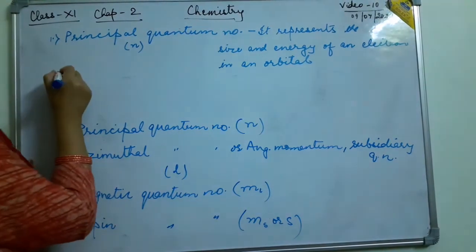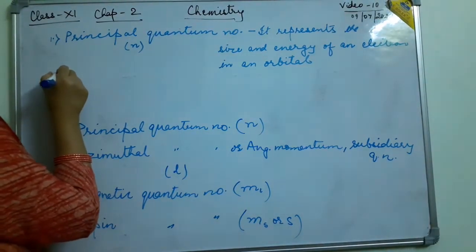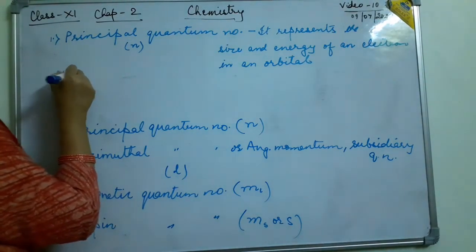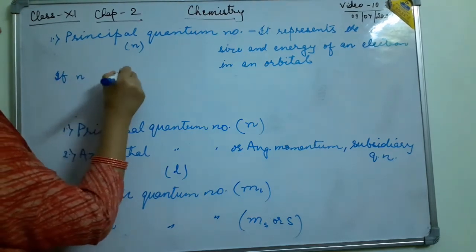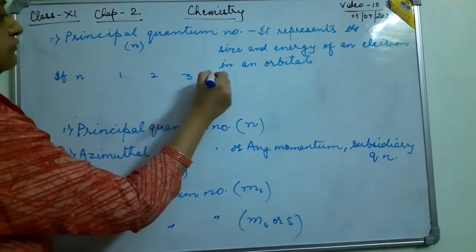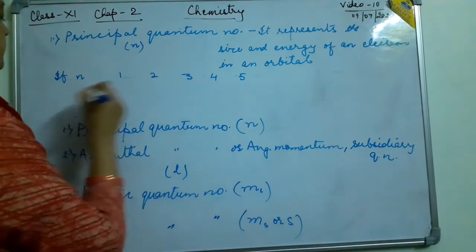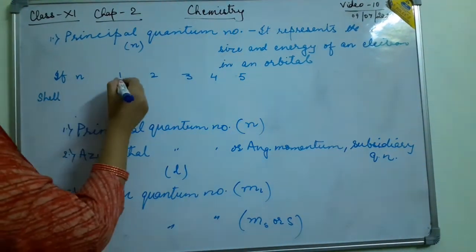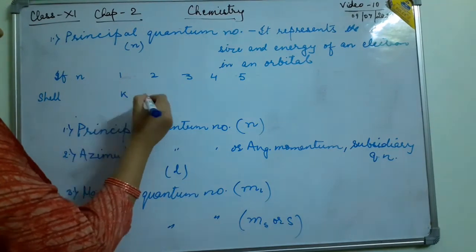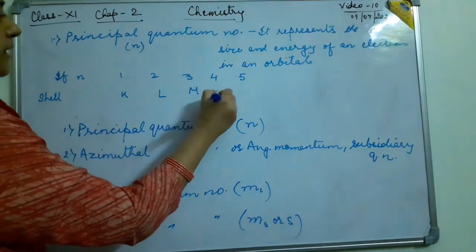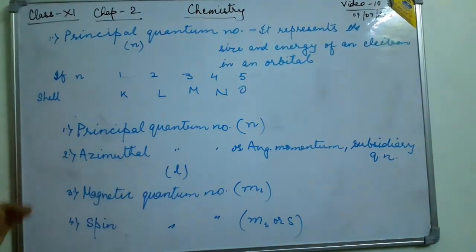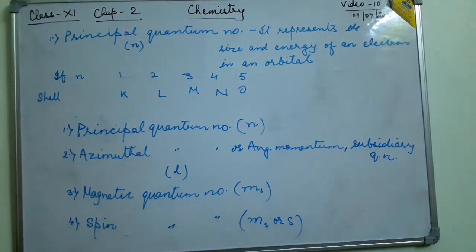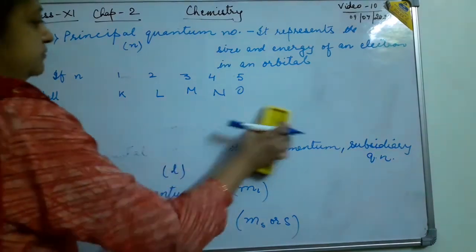If n is 1, 2, 3, 4, 5, this gives the information about the shell. If it is 1, then the shell is K, then L, M, N, O, likewise. And second, we can calculate the size of the atom.